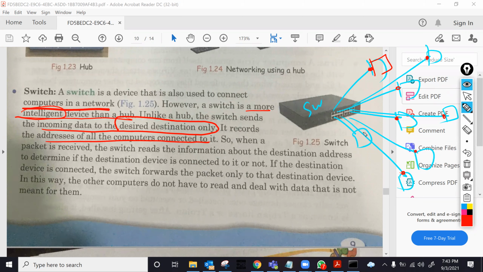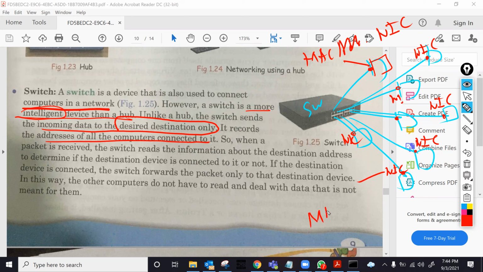Because it is connected to our network interface card. Every computer has a network interface card, and the network interface card is connected to our network cable. So every network interface card has a MAC address.